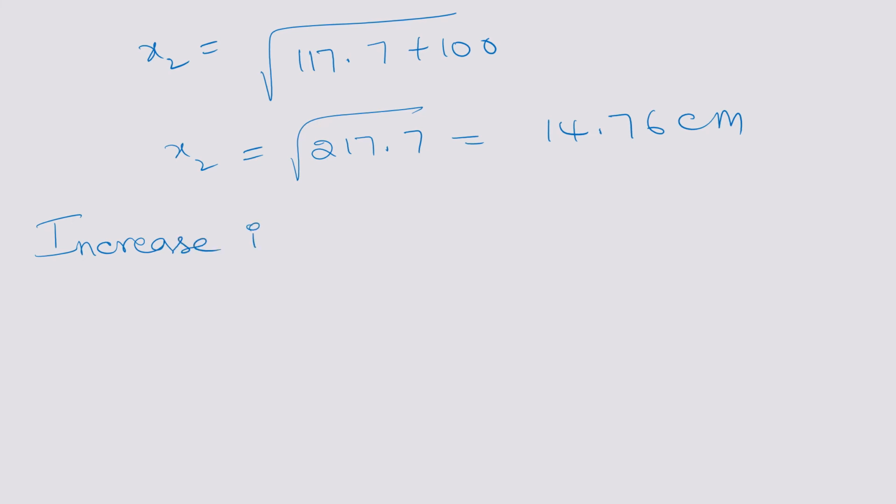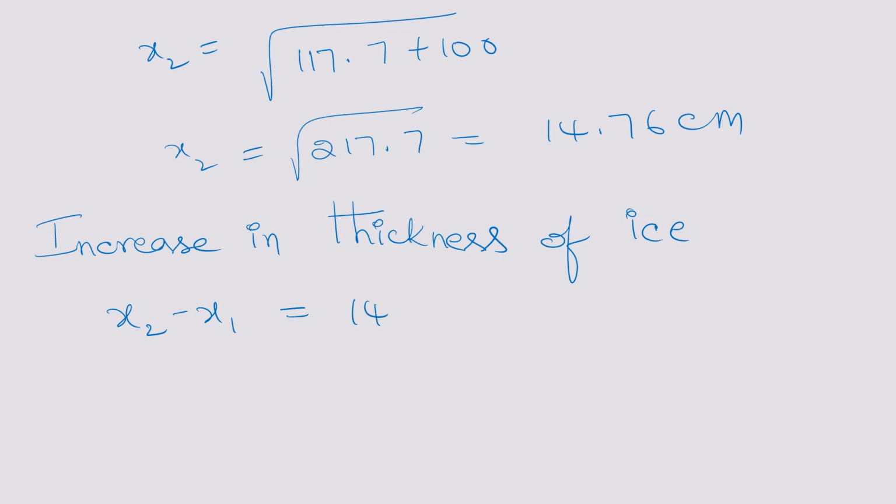So increase in thickness of ice, x2 minus x1, is equal to 14.76 minus 14, that is equal to 0.76 centimeter.